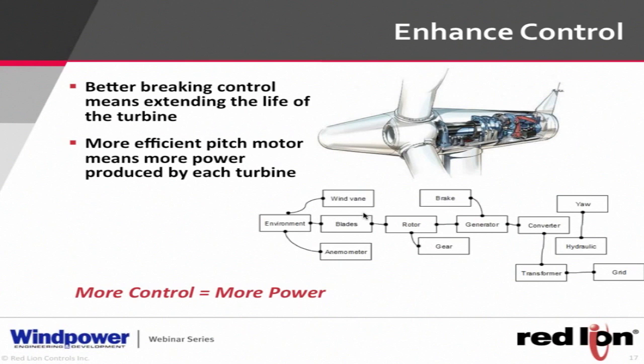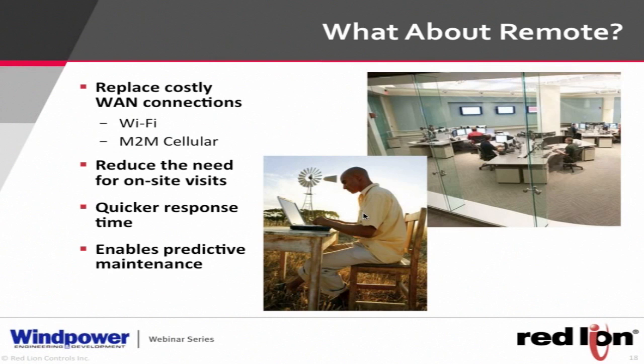Traffic light controls, for example, way stations, toll bridges, everything has Ethernet at the backbone, including these turbines here, which have Ethernet on the backbone. More control, you get more power out of that, and that's why we're retrofitting these towers.